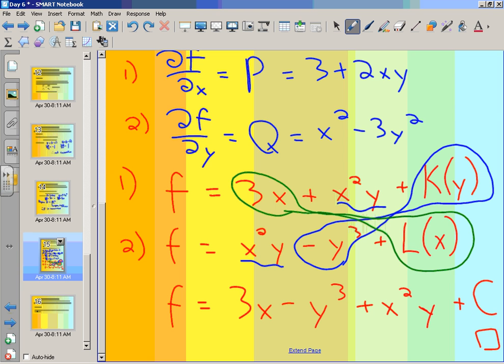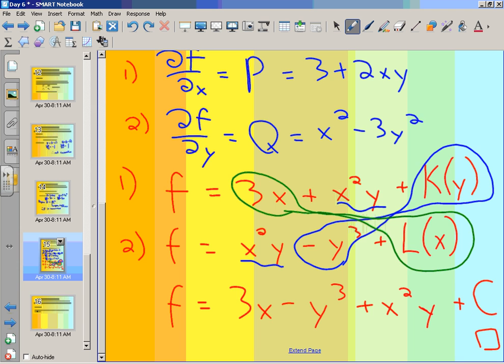And we could go through and confirm that if we take the derivative with respect to x, for example, we get 3 plus 0 plus 2xy, so 3 plus 2xy. And if we take the derivative with respect to y, we get negative 3y squared plus x squared, which is x squared minus 3y squared. So that will absolutely do it.